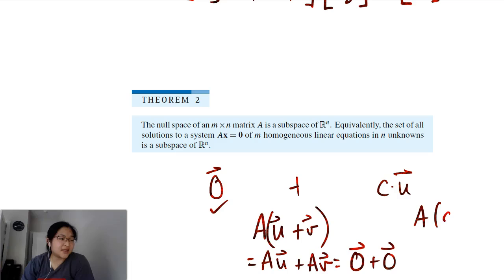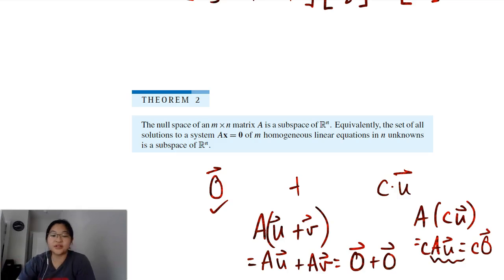We have A times some scalar on u, but we can commute that, right? So we have A u multiplied by our scalar. So those are equal, and then this part is 0, so c times our zero vector is going to give us 0, so we're good to go.